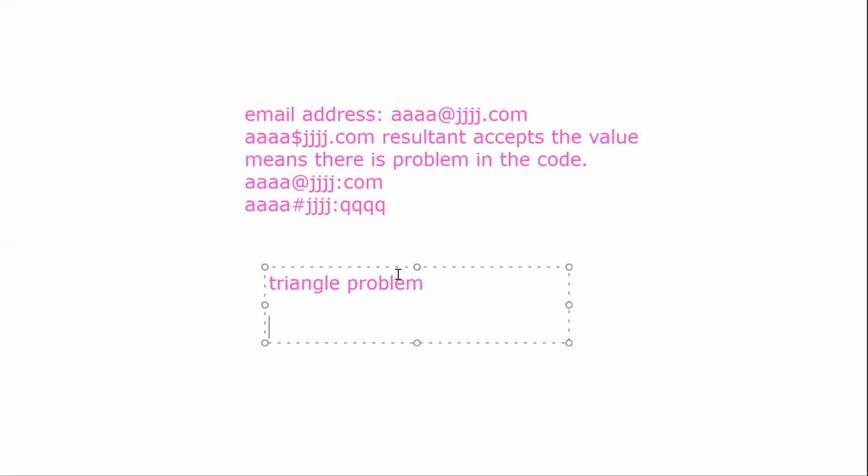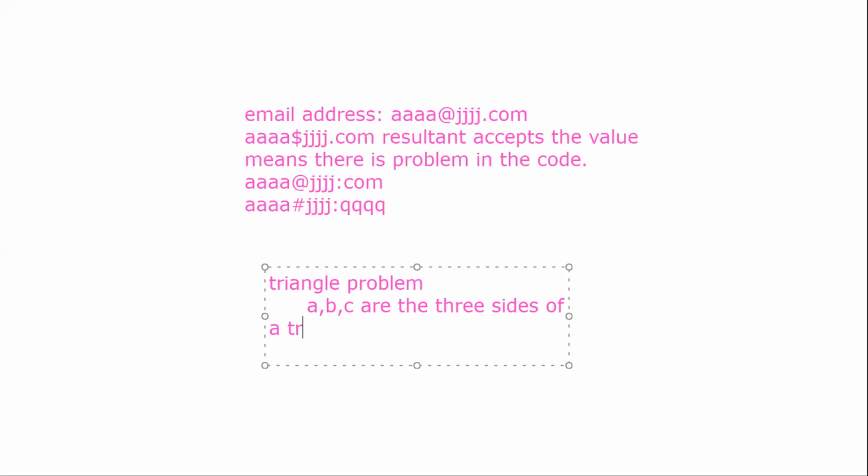What is the condition that we are checking over here? Say A, B, C represent the three sides of a triangle. So we have a condition, right?